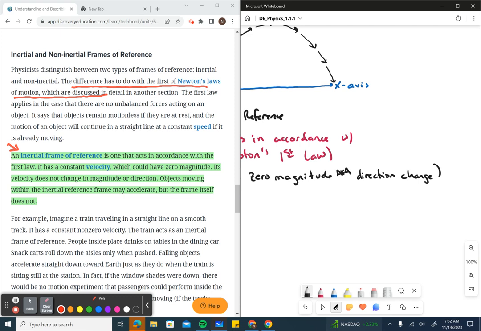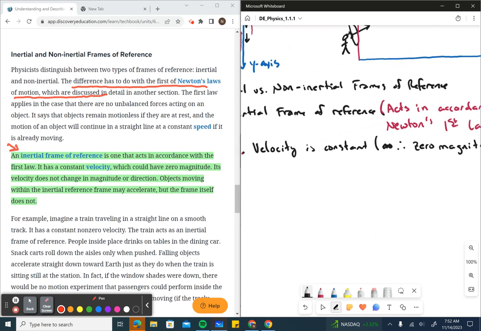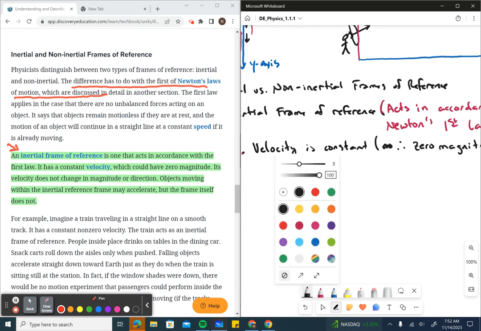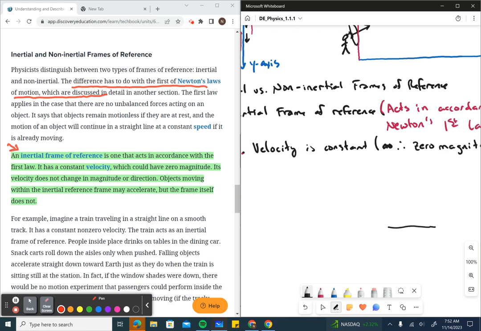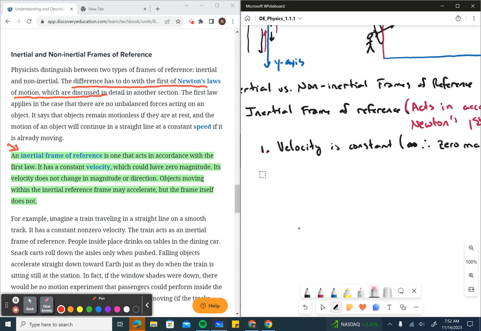Objects moving within the inertial reference frame may accelerate, but the frame itself does not. So that's probably an important aspect there. Let's just write this down here.